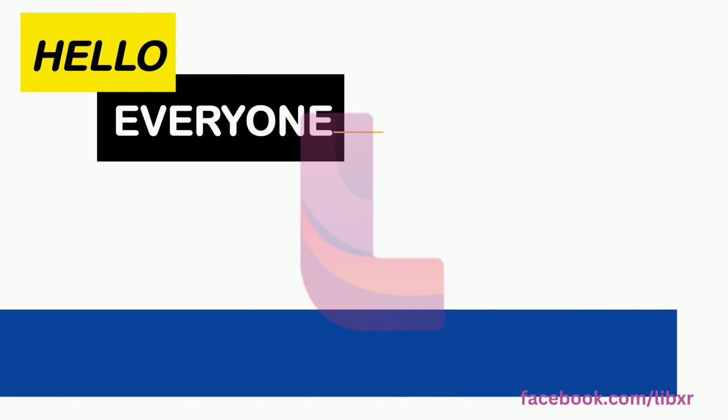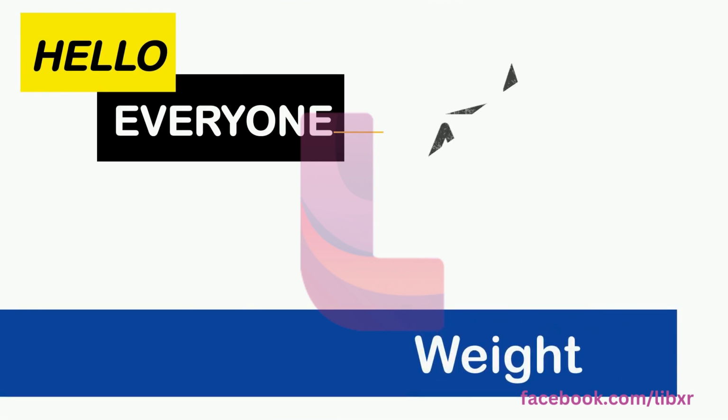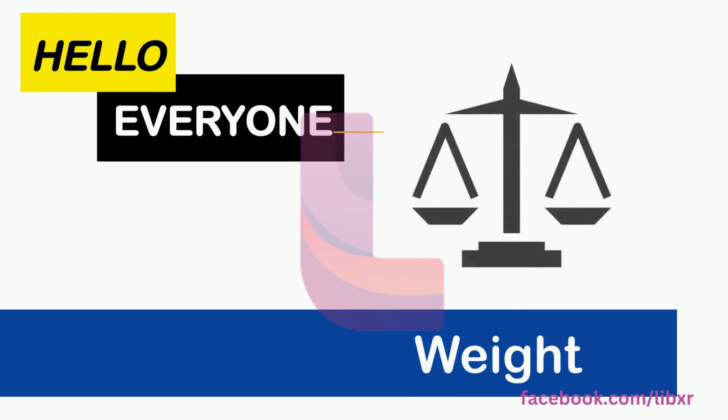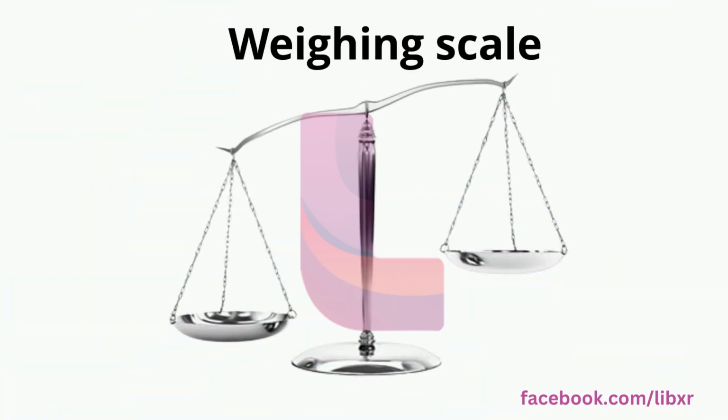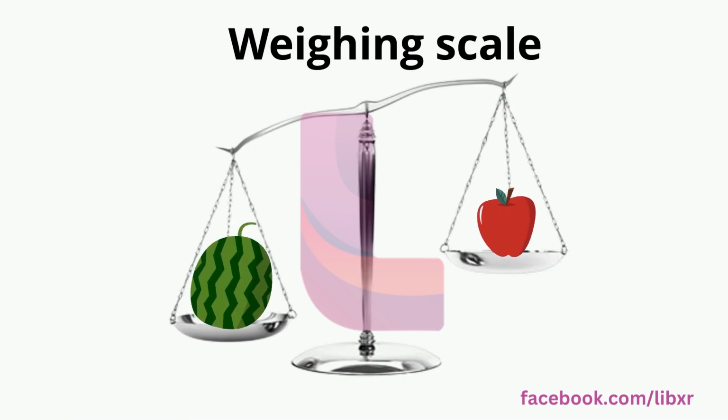Today's topic is weight. We will be learning about what weight is and how we can measure the weight of different objects. Look at this weighing scale. There is an apple in one pan and one watermelon in the other pan.